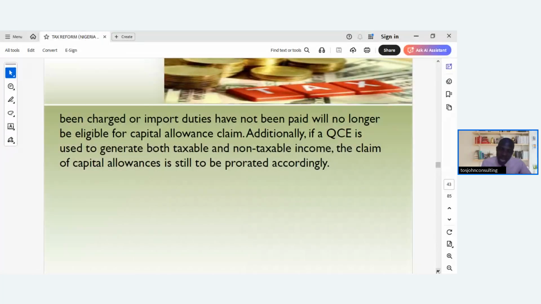So if you are importing assets, make sure you pay VAT on it, import duty on it, so that you can enjoy your capital allowance and reduce your tax liability. Additionally, if a qualifying capital expenditure is used to generate both taxable and non-taxable income, the claim of capital allowances is still to be prorated accordingly. So it will still be prorated the way it is according to the NTA.